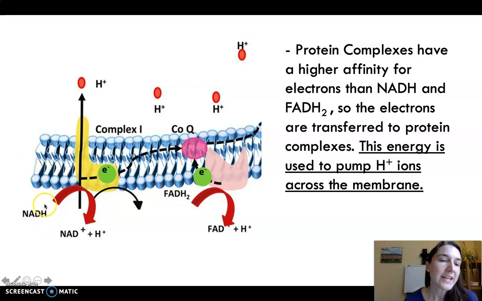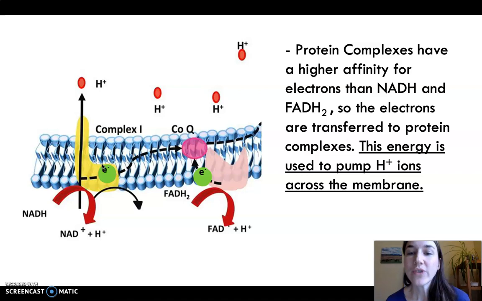So here we are. We're going to have NADH getting oxidized here, dropping off its electrons, and we're also going to have FADH2 getting oxidized and dropping off its electrons here. So both of these molecules in different complexes in the membrane are dropping off their electrons. And then those electrons are initially high energy electrons.